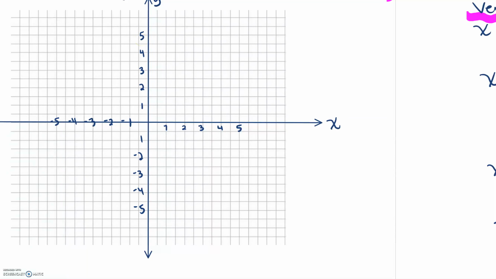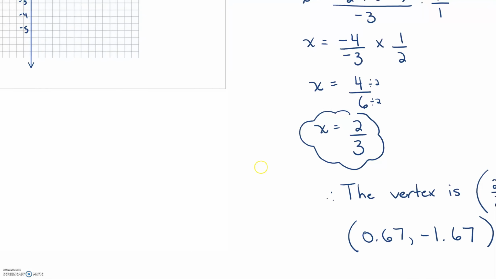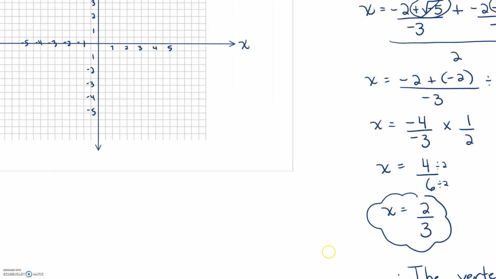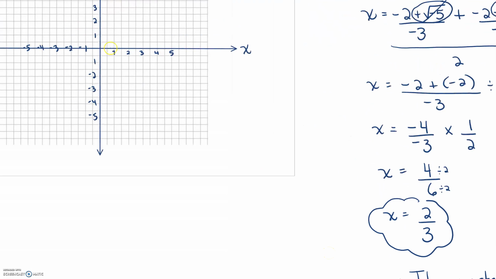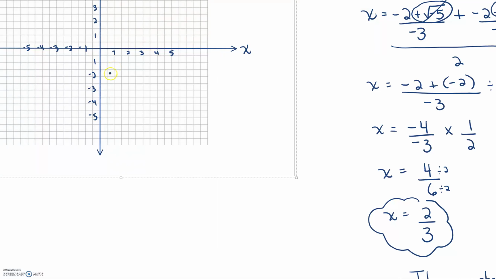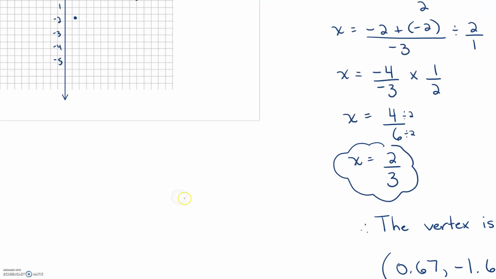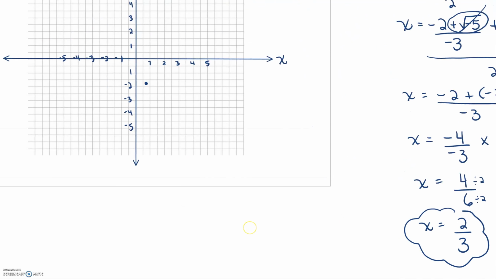But I can draw the vertex. So 0.67, I just have to look at it again. 0.67 is right over here, right after 0.5, and -1.67. So that's about right here for that coordinate. Okay, I'm just going to double check that. 0.67 for x and -1.67 for y.